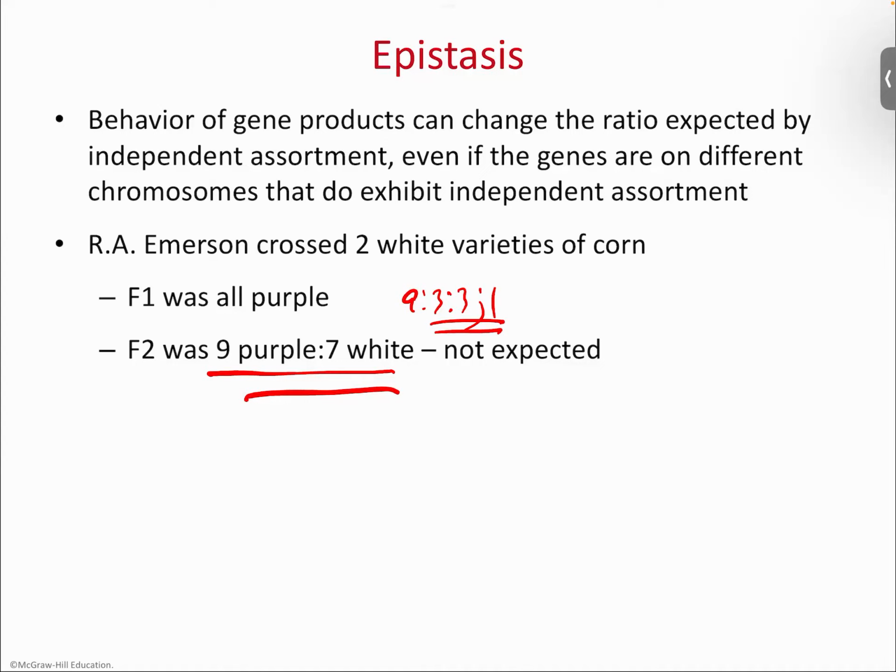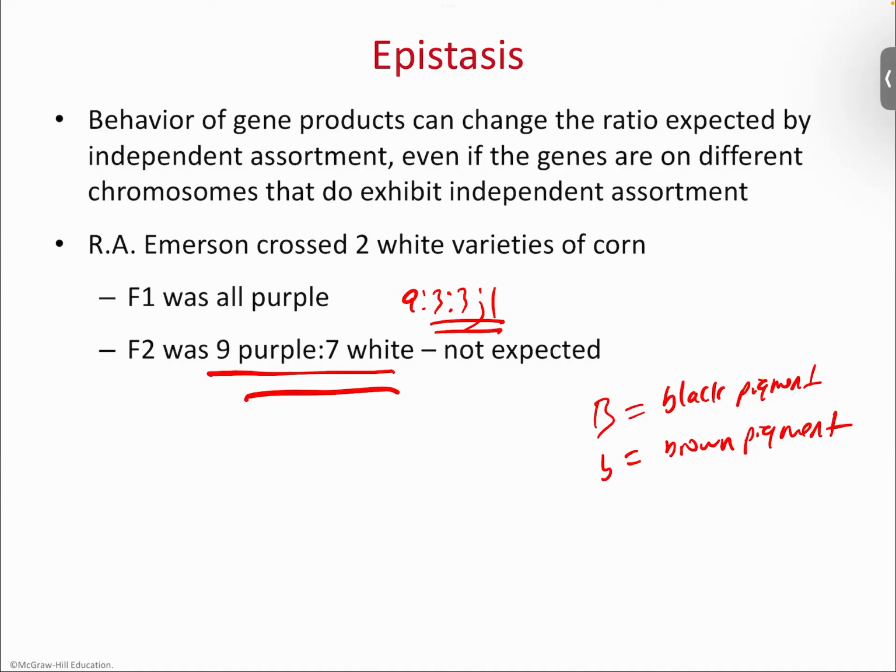So I want to look at what we just looked at. Imagine we have a pigment gene, and we have two alleles in it. Big B will make black pigment. Little b will make brown pigment. So that's one gene, right? That's my pigment gene. However, there's another gene, an epistasis gene.